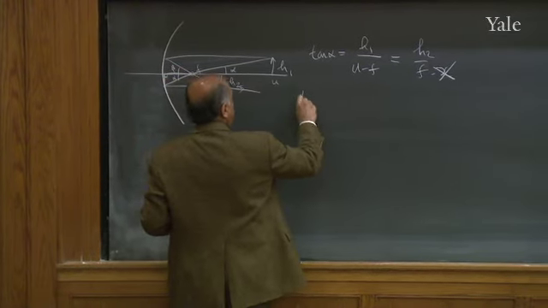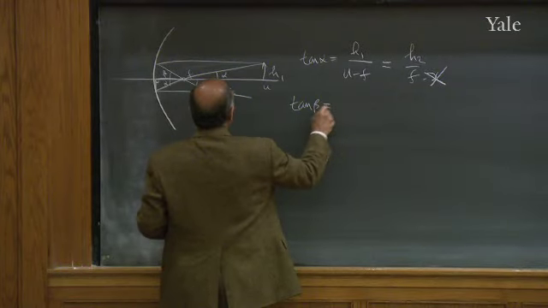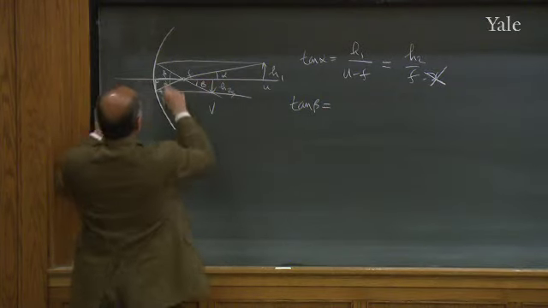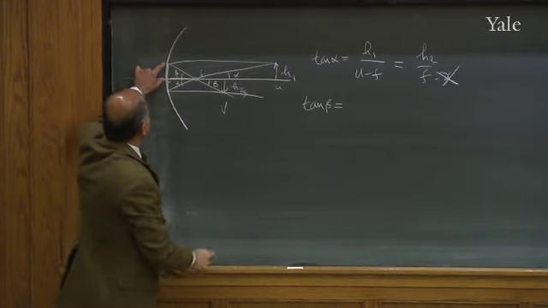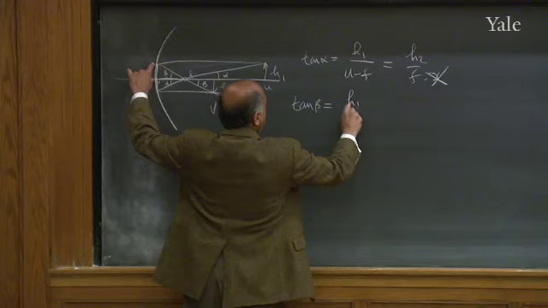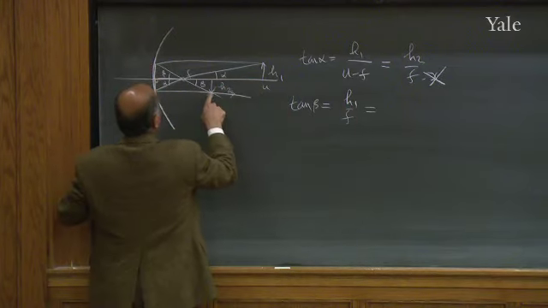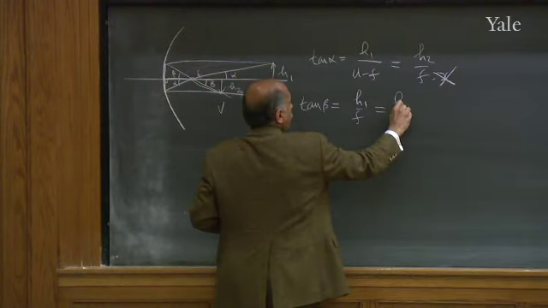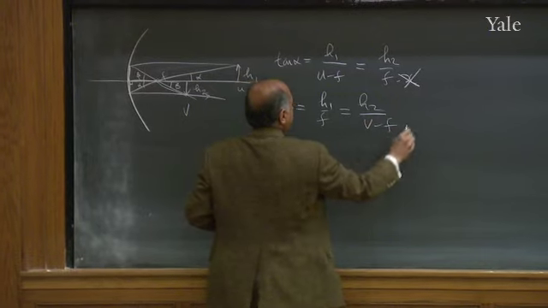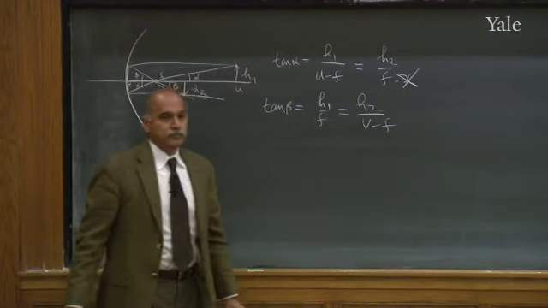So let's say tan beta, found two ways, is equal. This one, tan beta on the top, you can see is h1 divided by f, and that's going to be equal to the tan beta of this triangle, which will be h2 divided by v minus f. These are the two conditions you get.